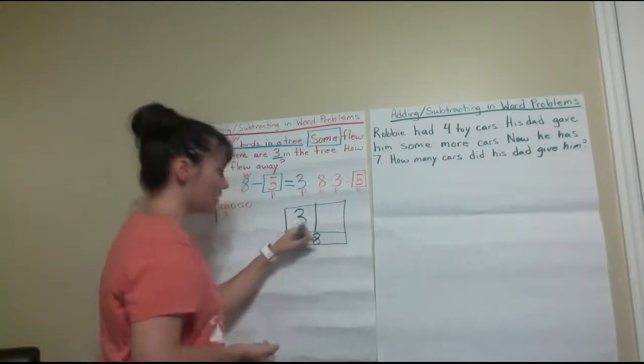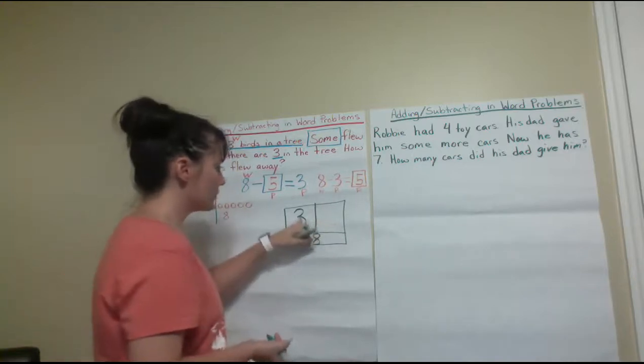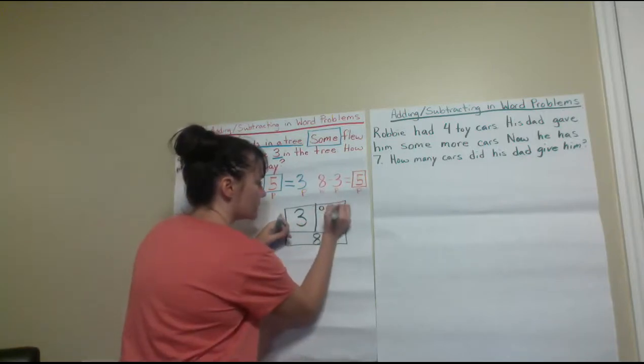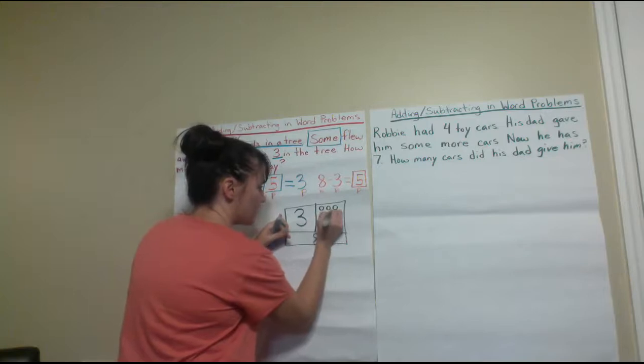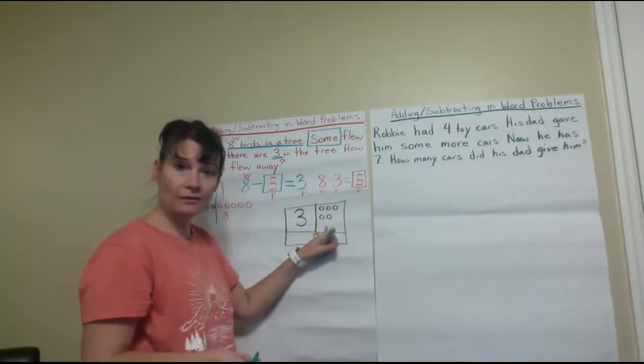So I might start at my 3, and I'm going to use my counting on strategy. 3, 4, 5, 6, 7, 8. How many birds must have flown away?